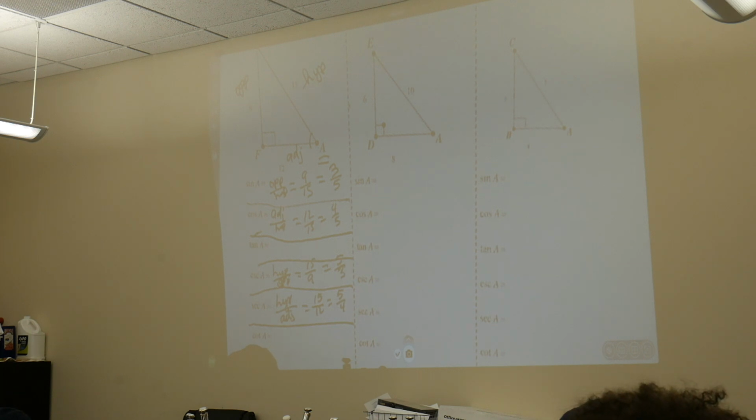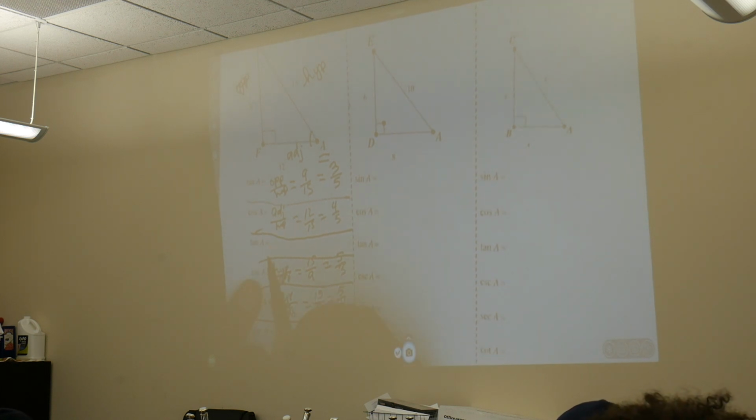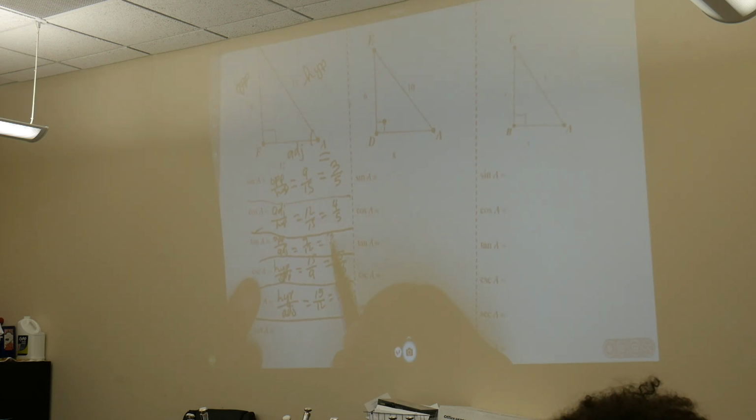No? All right. Then let's look at tangent. From SOHCAHTOA, the definition of tangent is opposite over adjacent. The opposite is still 9, and the adjacent is still 12. If I reduce 9 out of 12, what do I get? 3 out of 4.